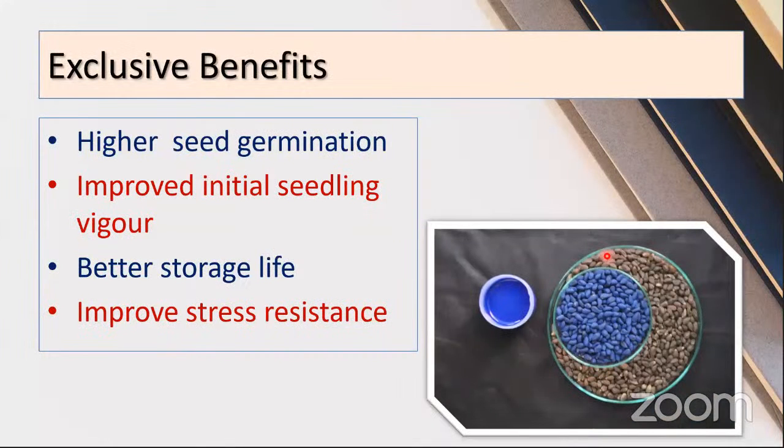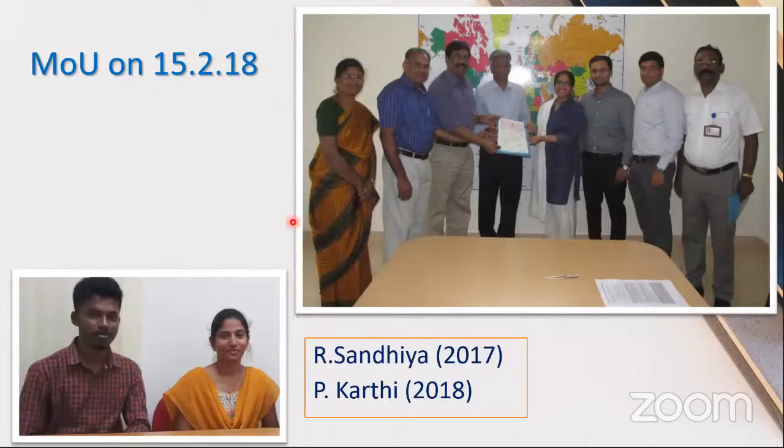So the exclusive benefits of our technology: higher seed germination, improved seedling vigor, better storage life, and improved stress resistance. This technology was developed with my students Sandhya, 2017, and Karthi, 2018.